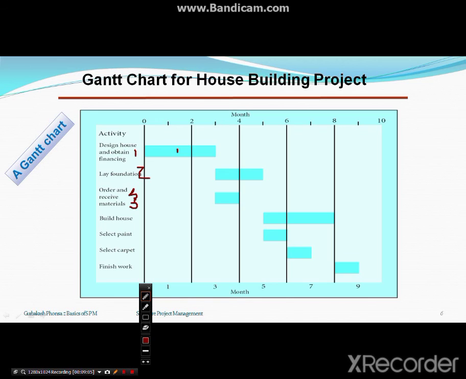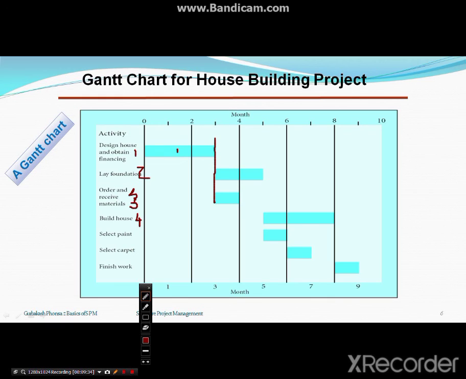After the ending of this bar at this point, how many months is there? Okay, so it is telling that 3 months will be taken for the design to finish. So after 3 months only we can start 2 and 3. Then going for the 4th activity, the 4th activity's predecessor is given that the 4th activity can start only and only when activity 2 is over.